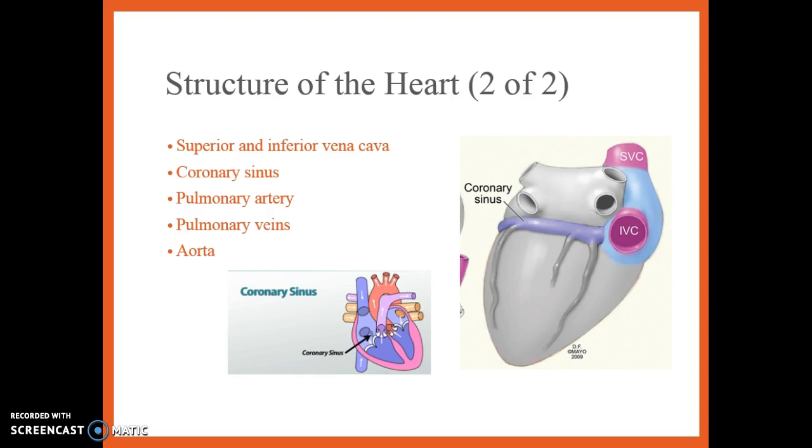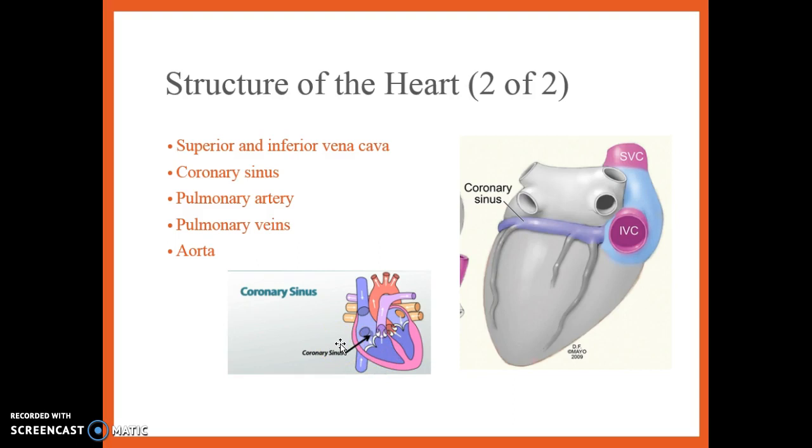Now, if we were able to cut a heart in half, what you would see is, right here on the right side, two veins coming into the heart. Those are the superior, meaning on top, and inferior vena cava.